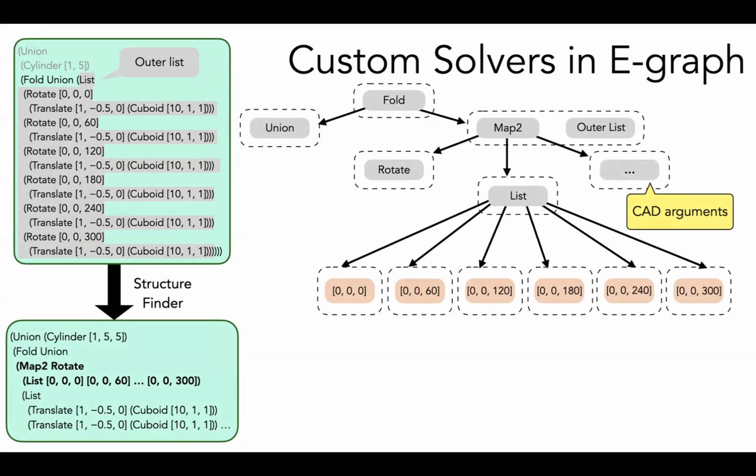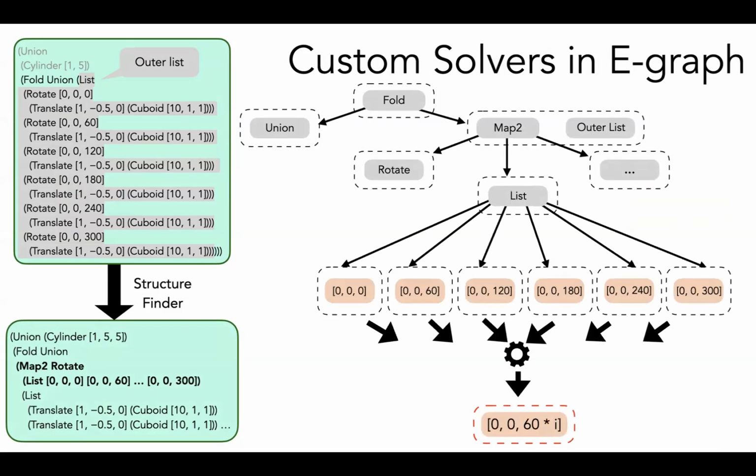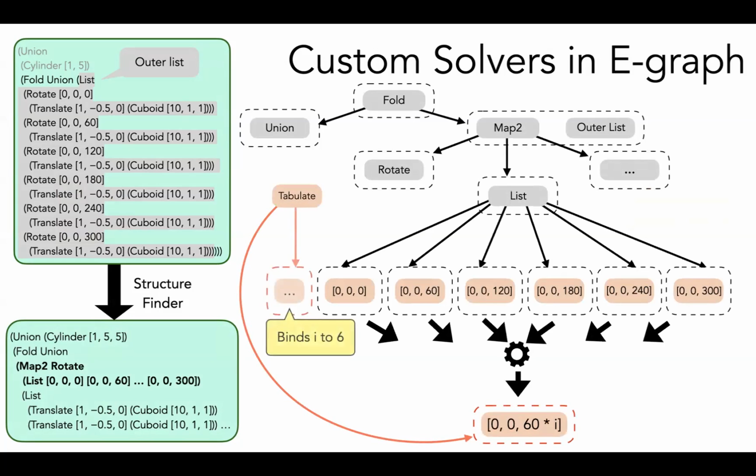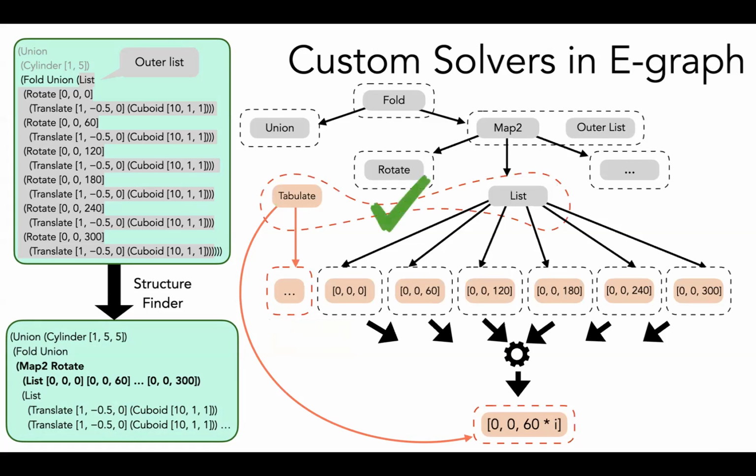But now I have this list of the parameters to the rotate. I can chunk those into a really simple solver. Look at that. You can see the pattern. It's obvious. No problem for the solver. The solver can easily turn that into a tabulate, and boom. Now I've recovered a loop for the program. I know that this tabulate is equivalent to the list that it generates. I can unify those. I've recovered the loop.